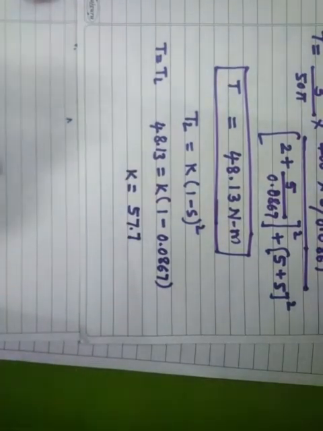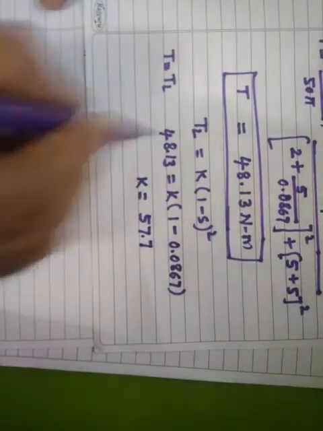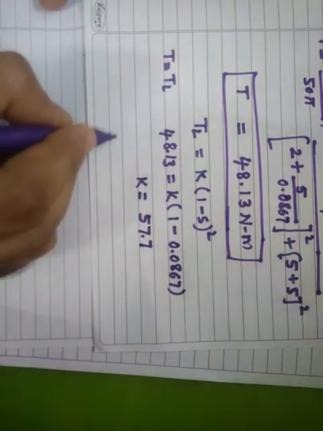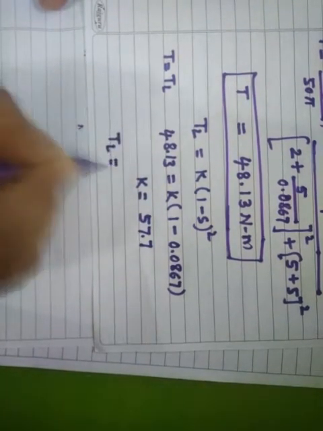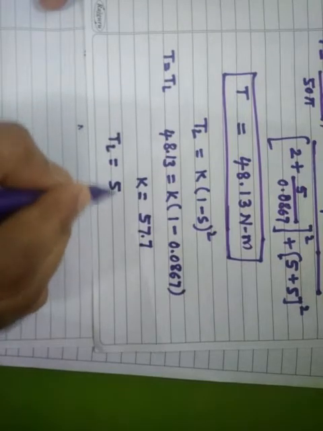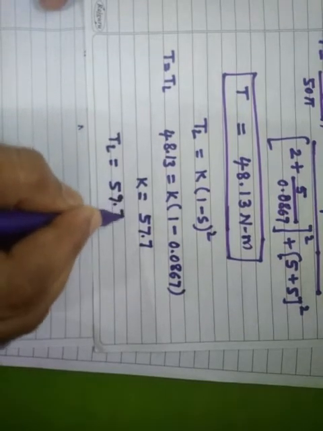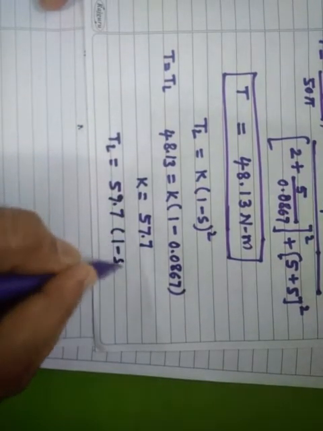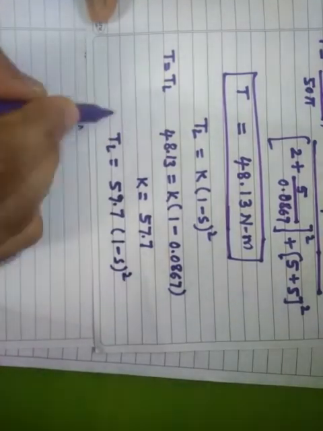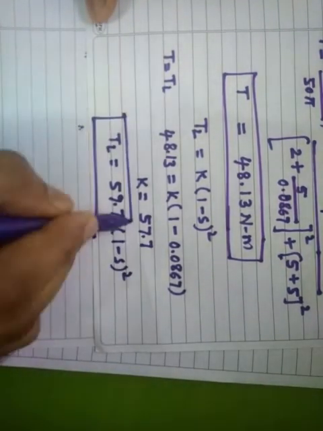Okay, so now if I substitute in the above equation, you can calculate any load torque with this K constant 57.7(1 minus S) square. My new equation becomes this.